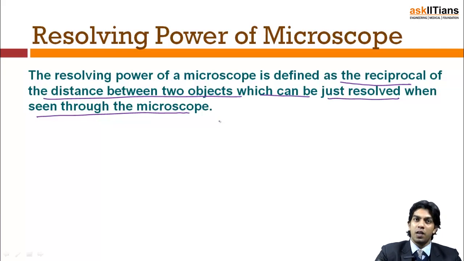If the resolving power is higher, it means I can separate very closely spaced data easily. If it has a low resolving power, I cannot distinguish between the two objects very clearly. I don't know whether those two objects are lying on each other or are one and the same. But if my resolving power is high, then I can easily differentiate them.